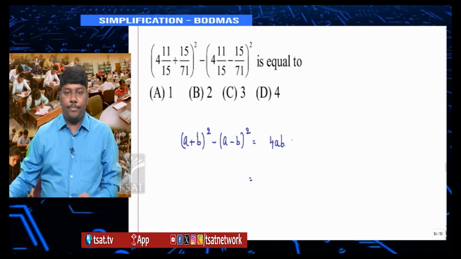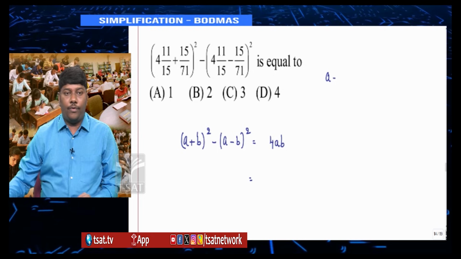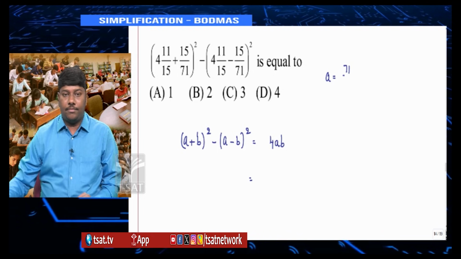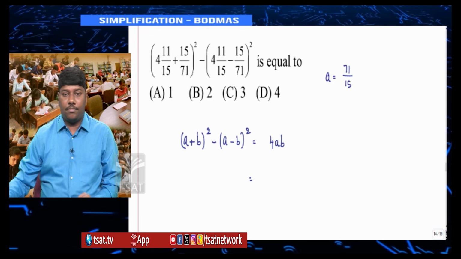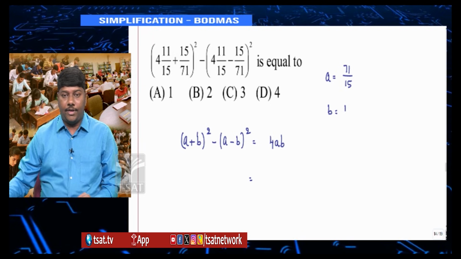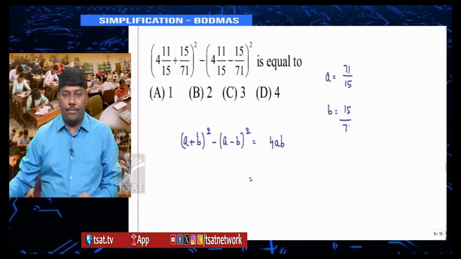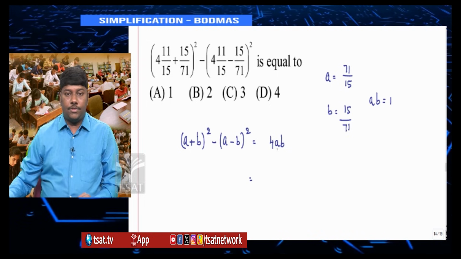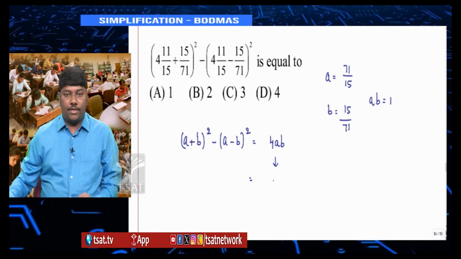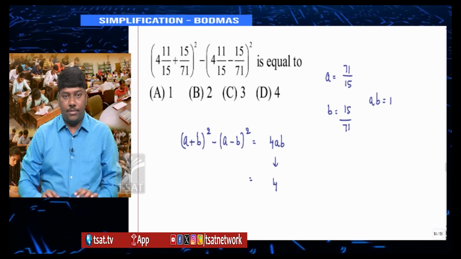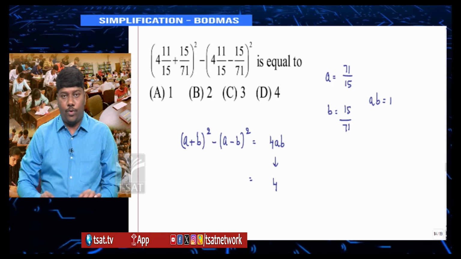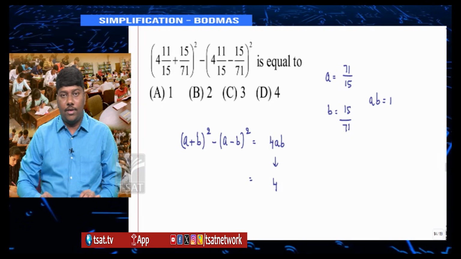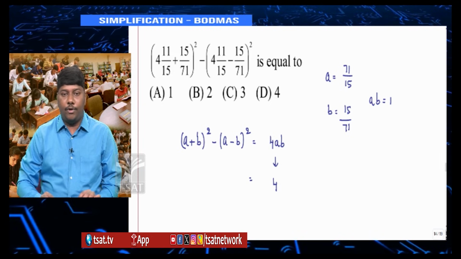So, what is a here? Here a is equals to 4 11 by 15, which is 71 by 15. B is 15 by 71. If you multiply a into b, it's going to be 1. So, if you put 1 here, the answer is 4. So, simply if you know that ab is equals to 1, then a plus b whole square minus a minus b whole square is equals to what? It's 4, because the answer is 4ab.